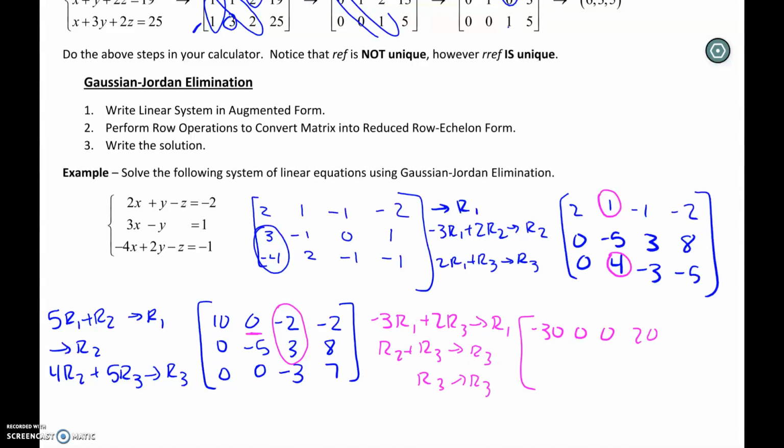Then row 2 plus row 3. So 0, -5, 0, 15, and then 0, 0, -3, 7.